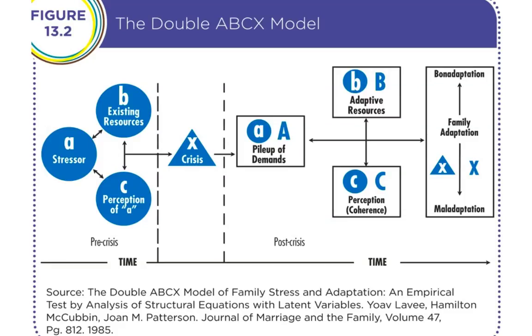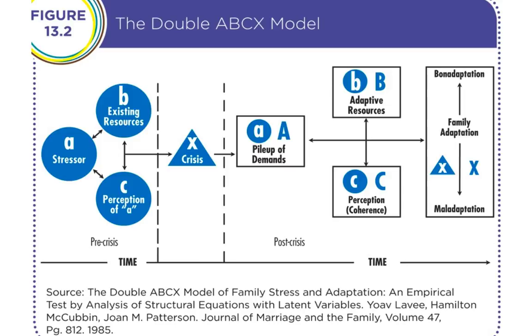If we look at the double ABX model, basically what's happening here is the family crisis evolves over time and pressures from various sources accumulate. So the double ABX model points to 5 stressors.